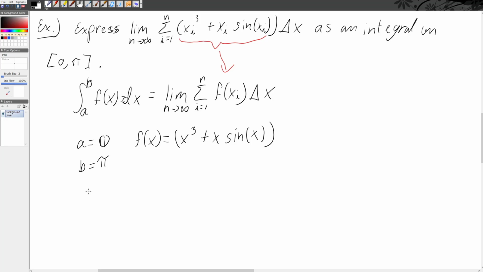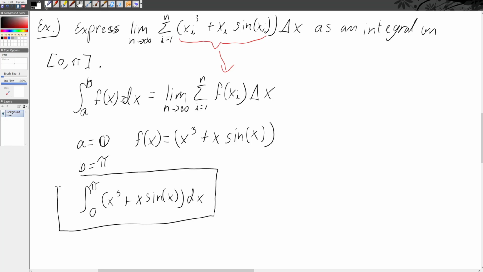So we'll put everything together and the integral is going to be from 0 to pi of x cubed plus x sine of x, cannot forget that dx. And that's the solution, rewriting a sum as an integral.